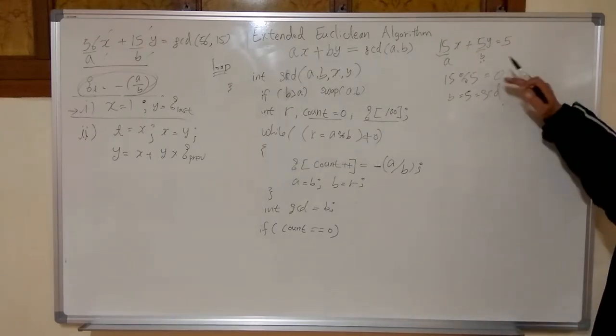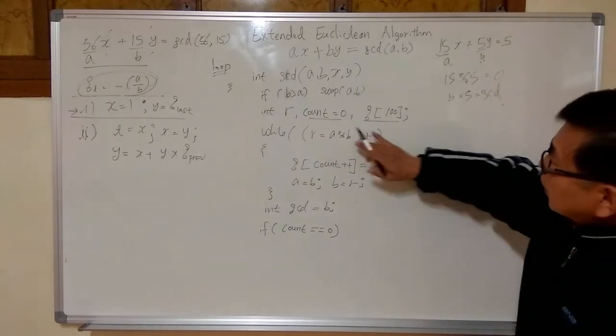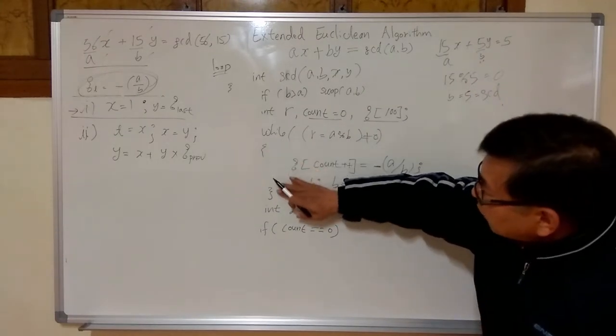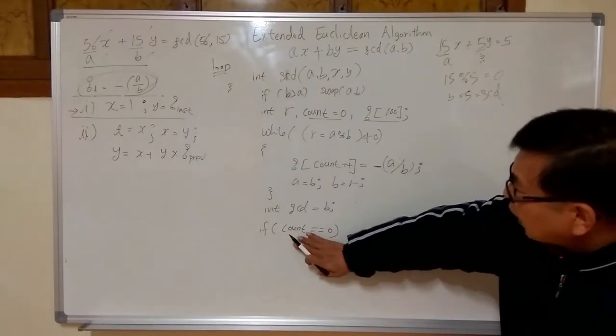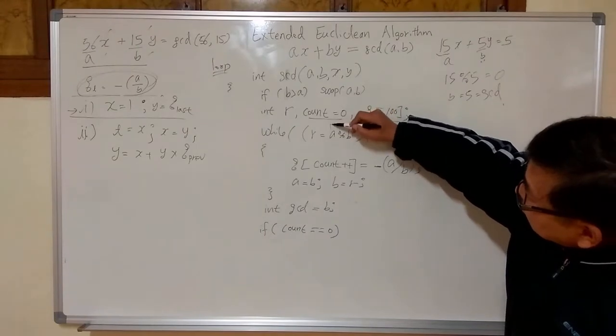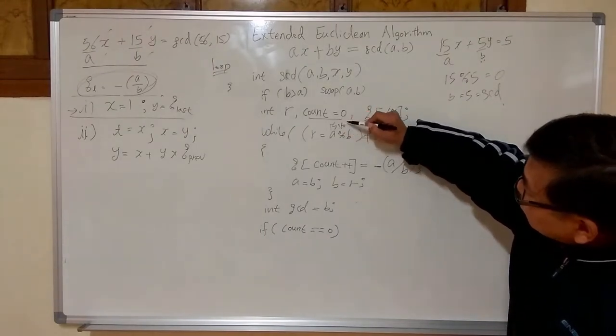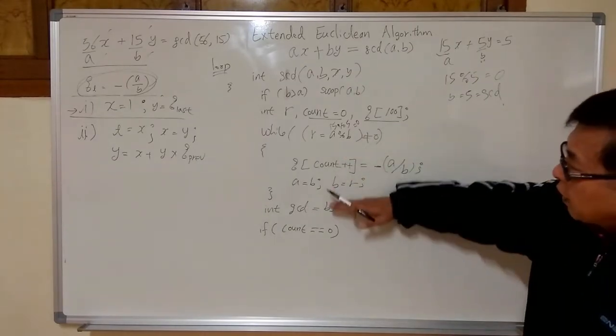In this case, this loop will not be executed. It jumps at this point. Count will be 0 because here 15 modulo 5 will be 0. So this loop never executes.